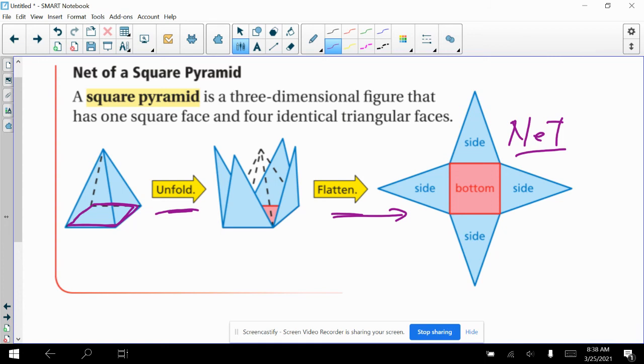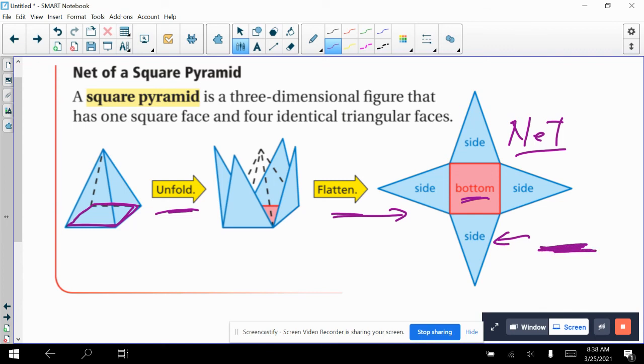Now, what's the nice thing here? How many calculations do you have for a square pyramid? You only got 2. You got the base, which is different. And then if you figure out one side, what are you going to do to that answer? Multiply it by 4. Now in this case, once you get that answer, what do most people forget to do?